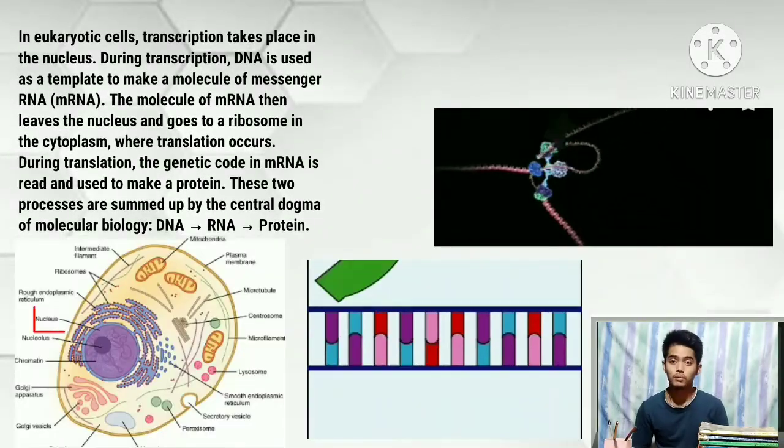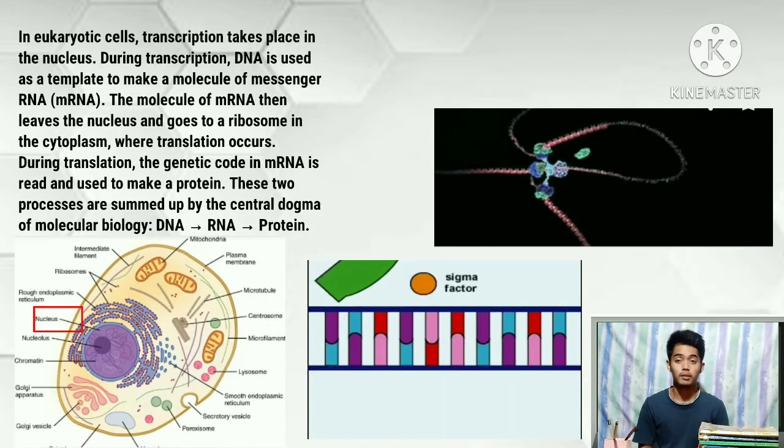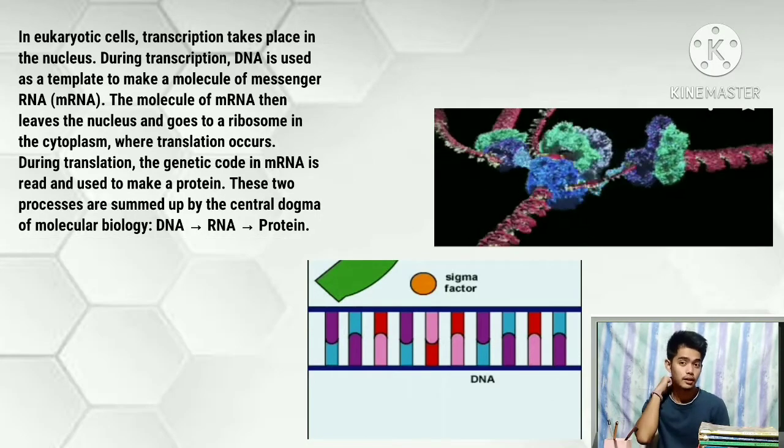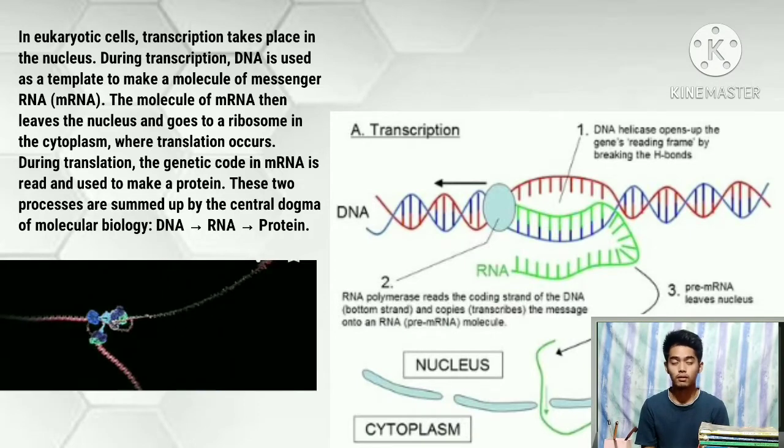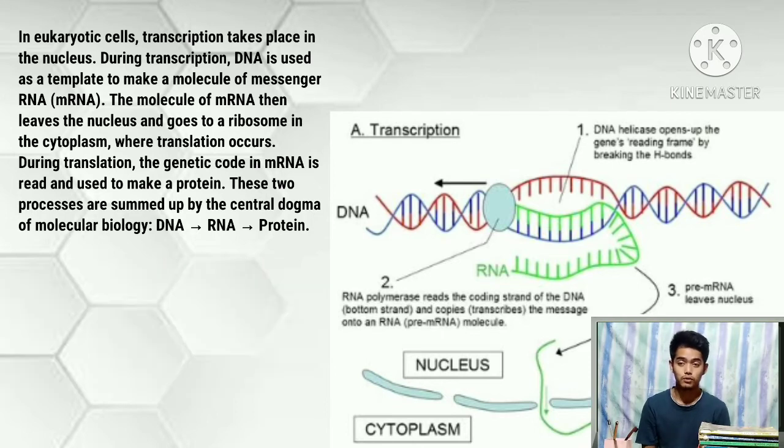In eukaryotic cells, transcription takes place in the nucleus. During transcription, DNA is used as a template to make a molecule of messenger RNA. mRNA, also known as messenger RNA, is transcribed, and the information is written as new mRNA.